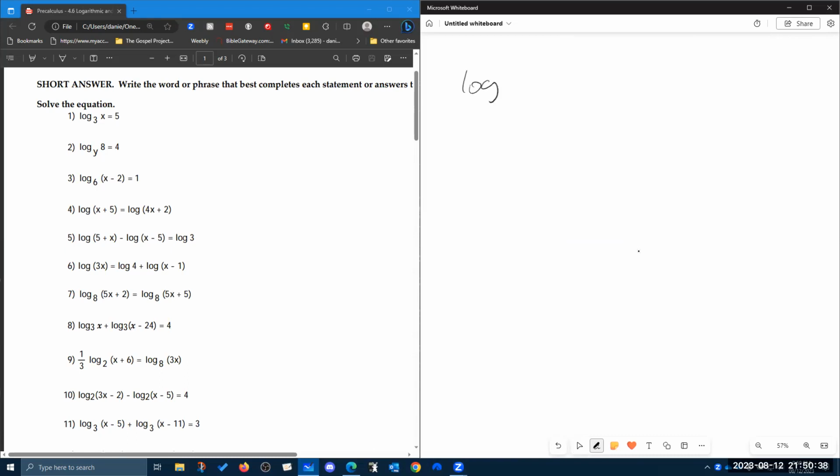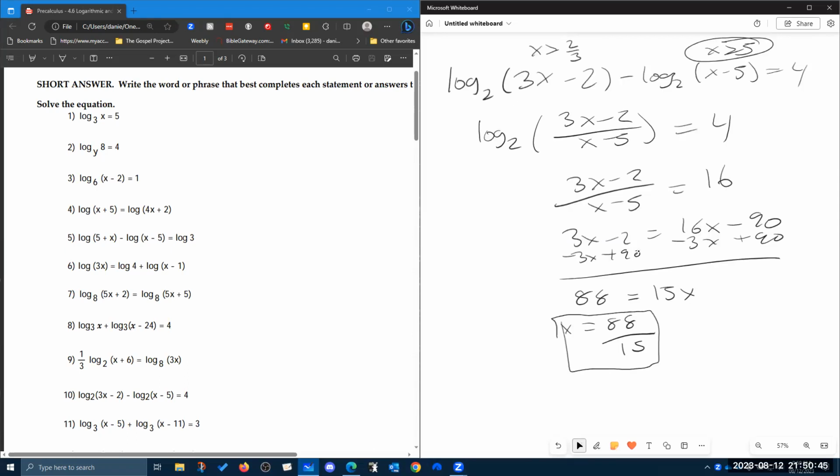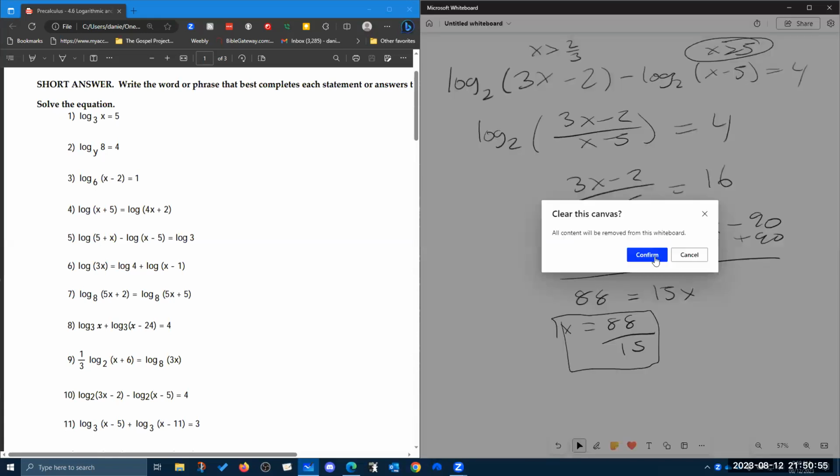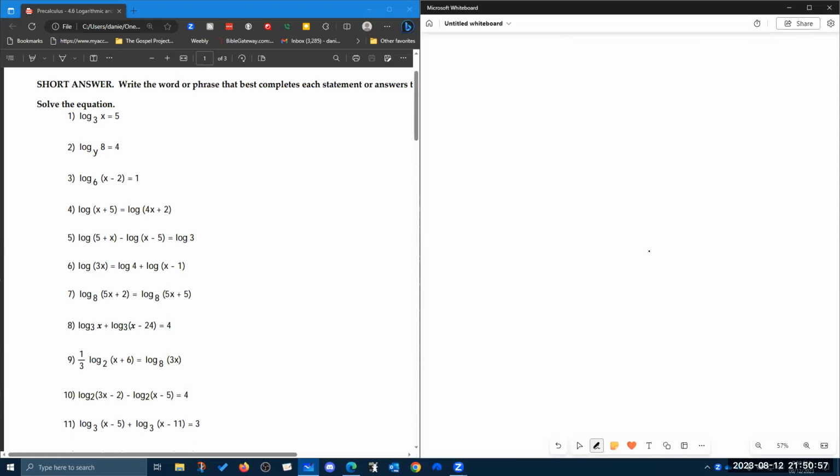I need to go back and make sure that that's within my domain. 88 over 15, that is 5 and 13/15. Yes, that's bigger than 5. Right.